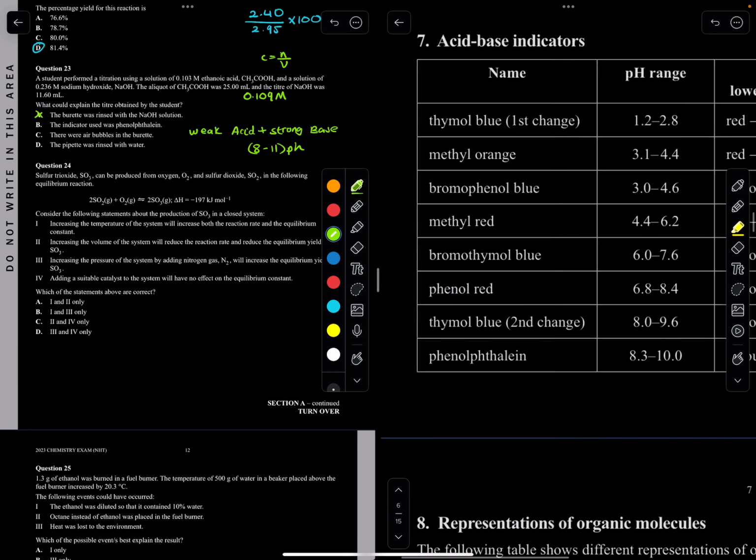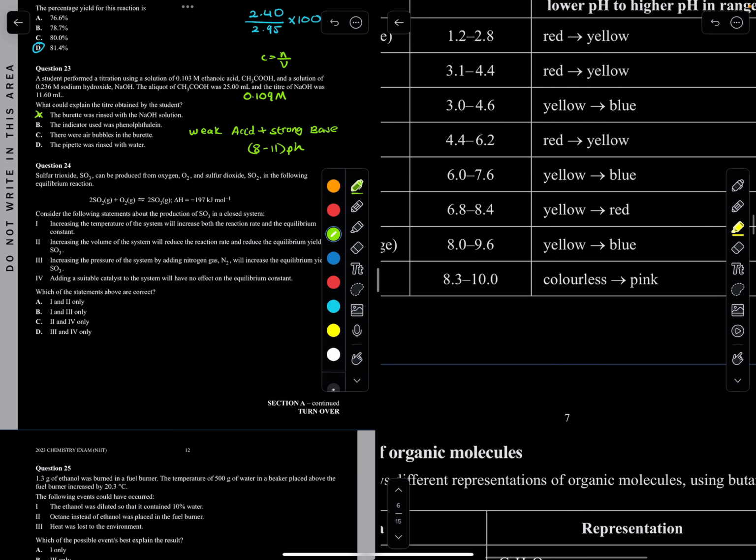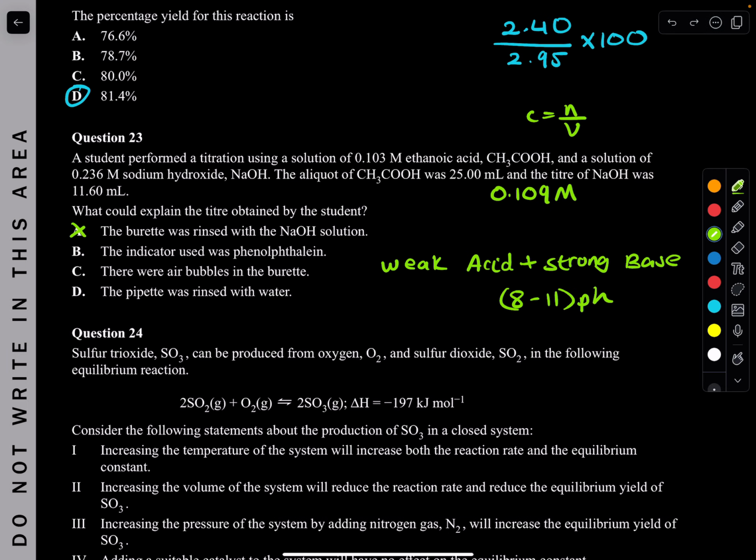Let's have a look. Phenolphthalein is here, so it is correct: 8.3 to 10, which is what we said. When you react a strong base with a weak acid, that's what we would normally use. So that's wrong. Phenolphthalein is correct, but it's wrong for explaining why we have an overestimation of the actual answer. Next part.